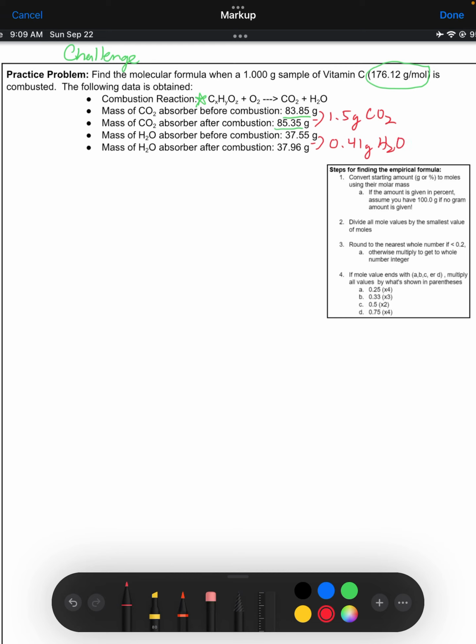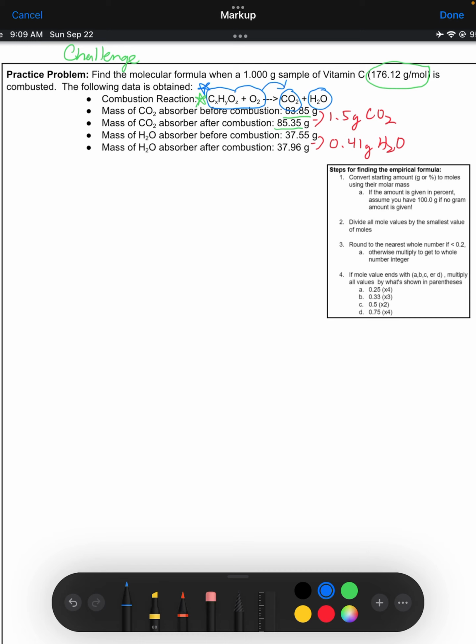Okay, so before we do anything else, I just want to talk about those two values really quickly. We know, based on the reaction up here, that the only two products are carbon dioxide and water. We already know that because of the law of conservation of mass, matter can neither be created nor destroyed, only rearranged. So what we know is that all of this stuff on this side turned into the stuff on that side.